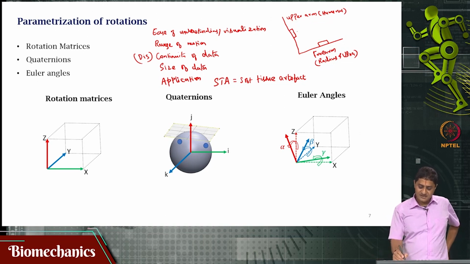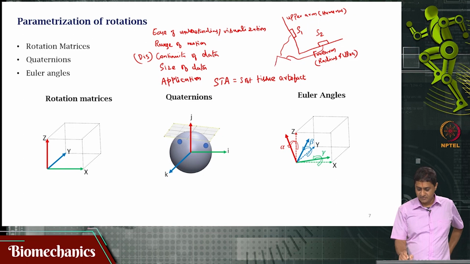Let us say I am keeping a sensor here, I am going to call that sensor S1 and this one sensor S2, and I am measuring these two data. For example, in the method that we use in our lab, actually these have their own microcontrollers.